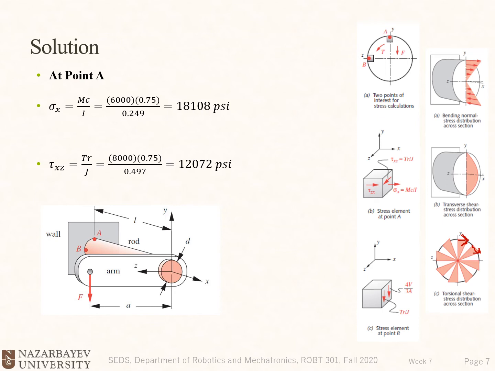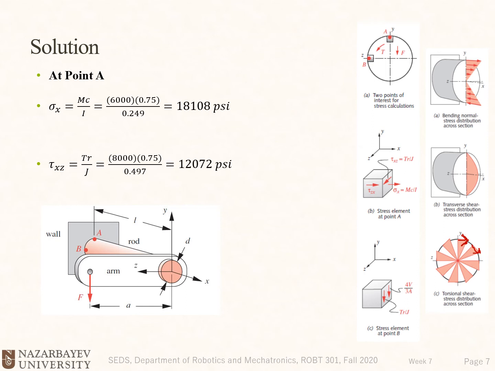The first subscript, again, is x because it sits on a plane which is perpendicular to the x-axis, and the second one shows the direction of the tau. Now we have sigma x and tau xz, and as I said, the shear stress because of the transverse force will be 0 at point A. Okay.